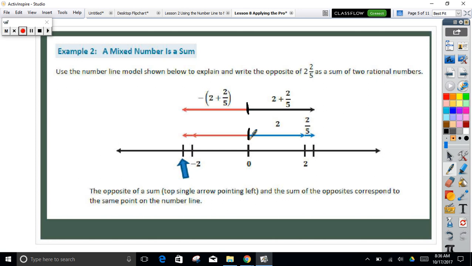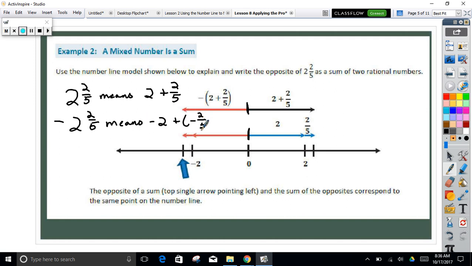Don't worry if this seems a little confusing. This isn't my favorite model. The big thing that you need to take away from this is that 2 2/5 means 2 plus 2/5. And if we have negative 2 2/5, both parts of that are negative. So we have negative 2 plus negative 2/5.